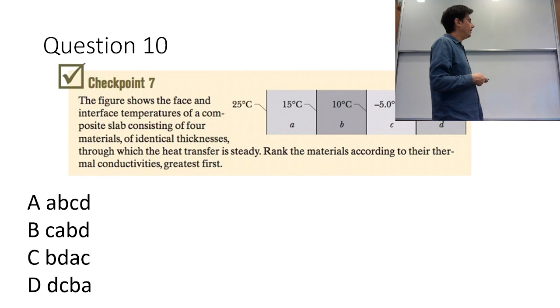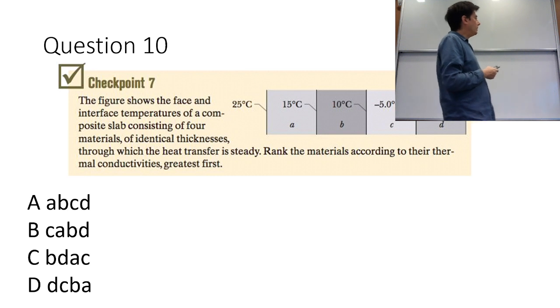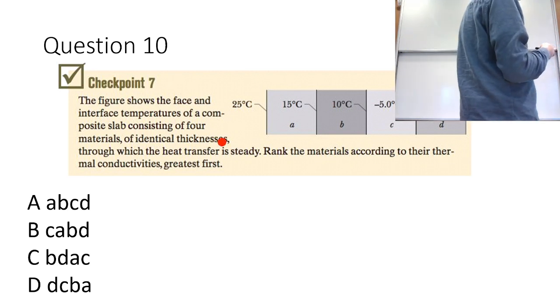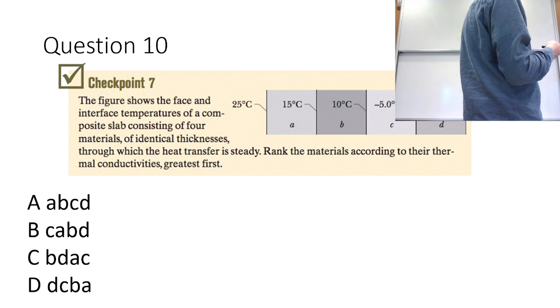So which one would have the largest thermal conductivity? C, right? C has the largest temperature difference. Here it's 10 and here it's -5, so there's a temperature difference of 15.